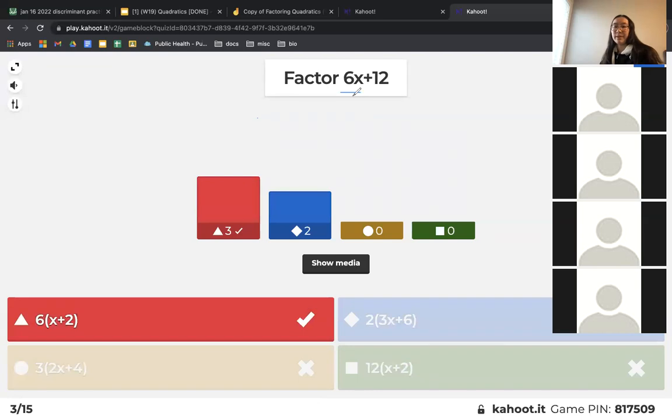Both of them can be divided by 6. And so once you do that, you're left with 6 times (x plus 2). You can check yourself. 6 times x is 6x, 6 times 2 is 12.